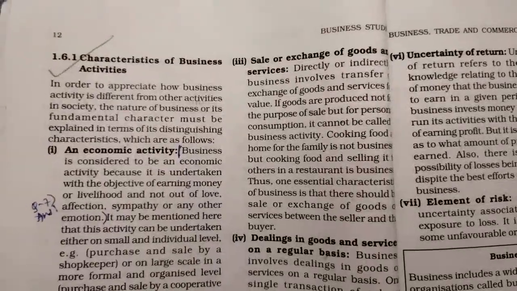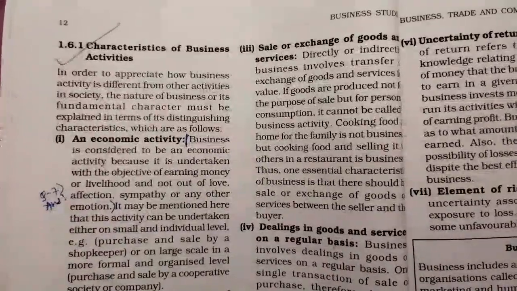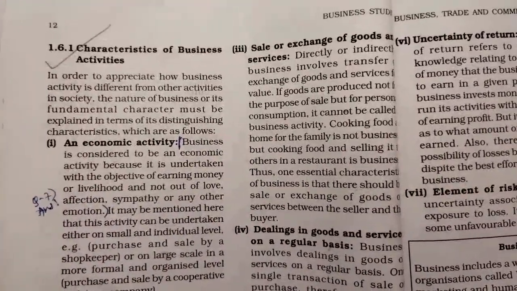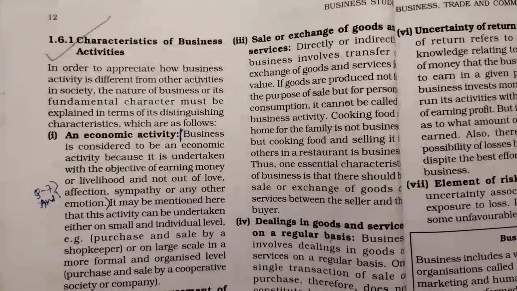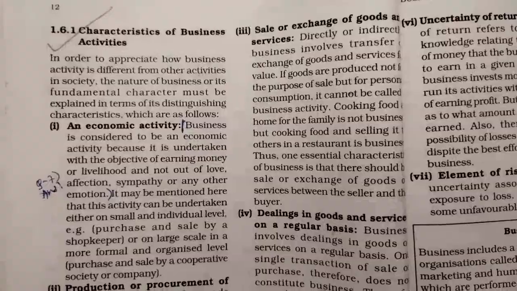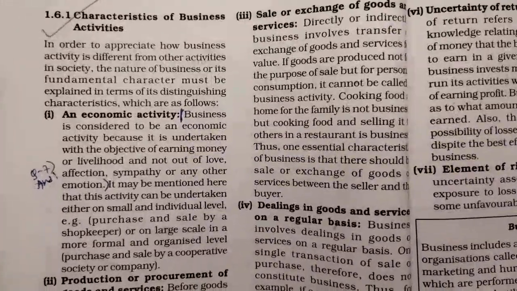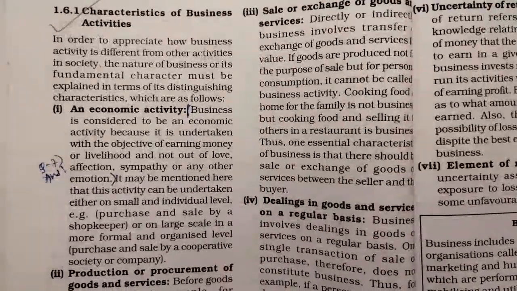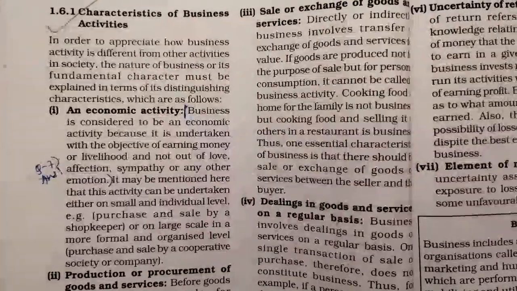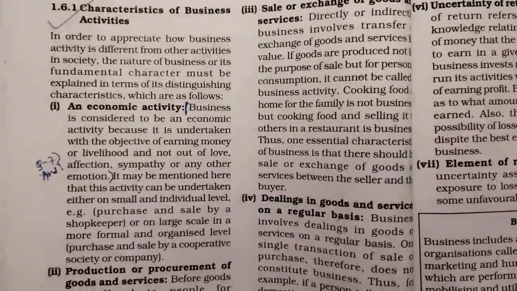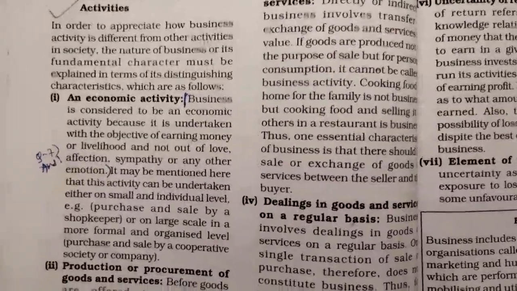Now talking about characteristics of business activities. In order to appreciate how business activity is different from other activities in society, the nature of business or its fundamental character must be explained in terms of its distinguishing characteristics, which are as follows. So first is an economic activity. Business is an economic activity because it is undertaken with the motive of earning money and earning livelihood, and it is not out of love, affection or sympathy.